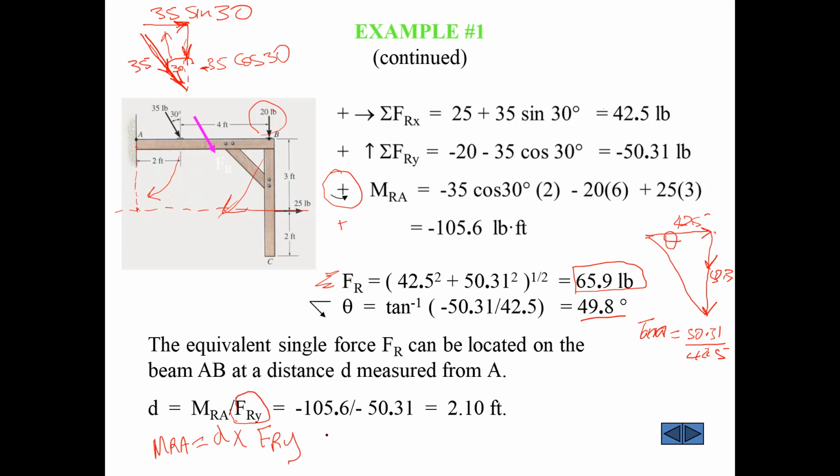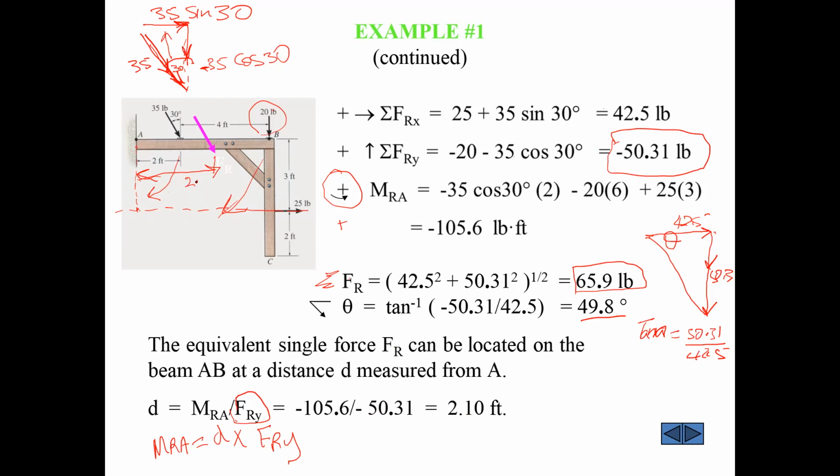So getting D is just a matter of transposing, dividing the moment by FRY. And you notice that is up here, big and bold, 50.31. When you divide them, you get 2.10. So we are saying, in a sense, it is really 2.01. Now, it may not look so in the diagram because it is not to scale.